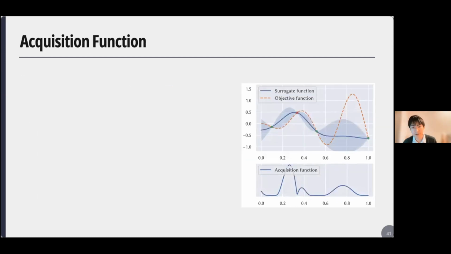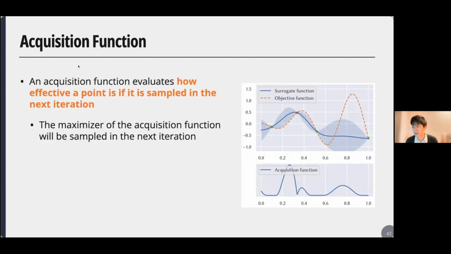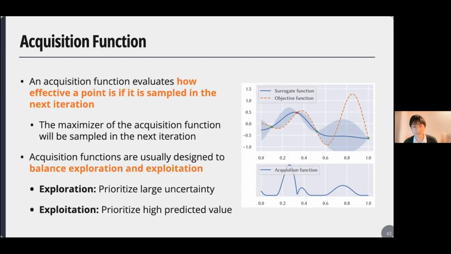And to intelligently sample points, BO uses acquisition functions. An acquisition function is a function that evaluates how effective a given point is if it is sampled in the next iteration. And the point that maximizes the acquisition function will be sampled in the next iteration. Acquisition functions are designed to automatically balance exploration and exploitation.